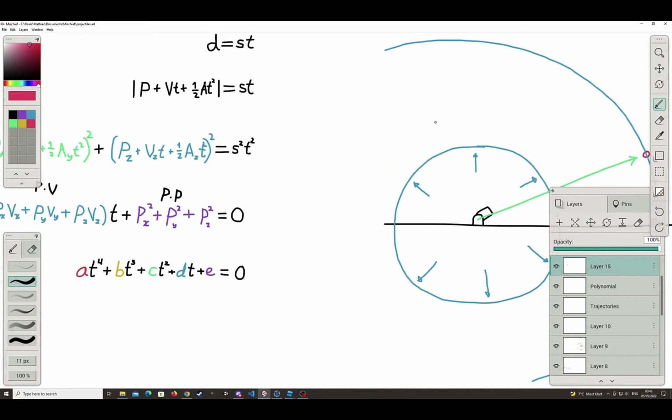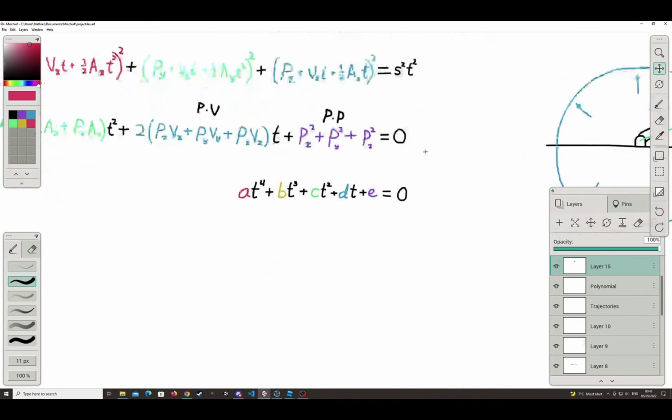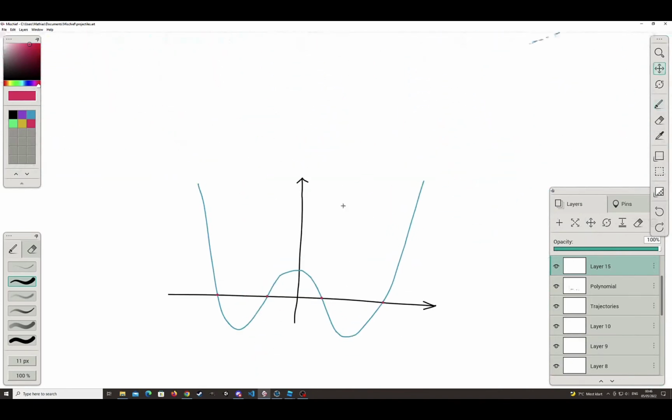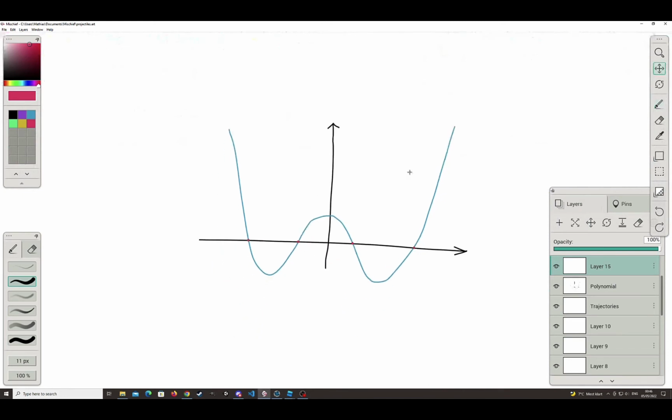Because if you did something like Newton's method, it relies heavily on where you pick the starting position. So there's really no way to know which root you'll actually end up finding. So instead, we're going to use a global root finding algorithm, which finds all the roots at once.